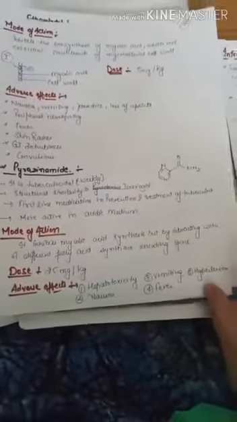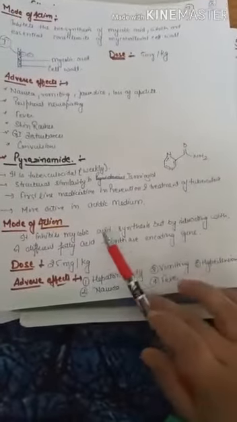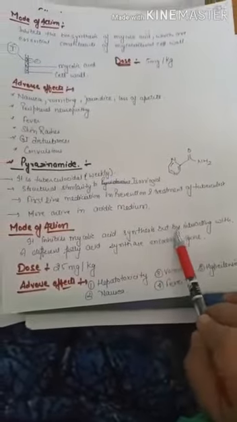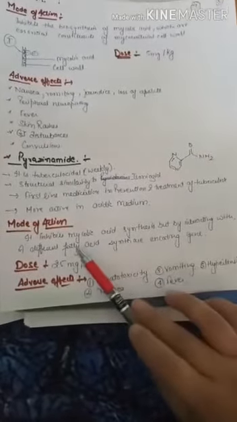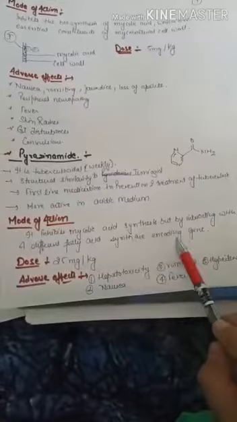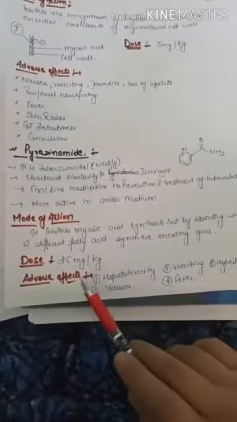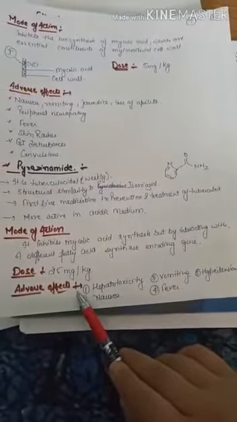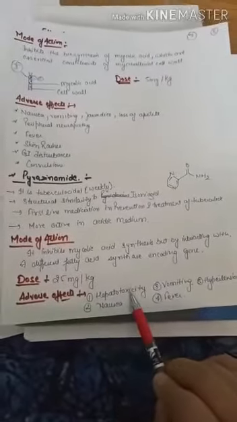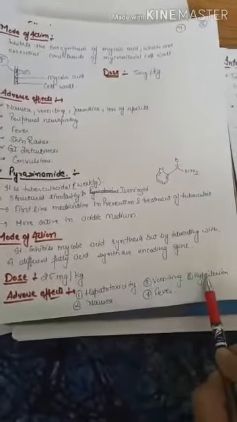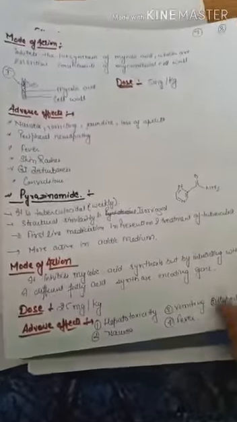And the mode of action: it inhibits mycolic acid synthesis, but by interacting with a different fatty acid synthetase and coding gene. And the dose is 25 mg per kg, and adverse effects are hepatotoxicity, vomiting, hypertension, nausea, and vomiting.